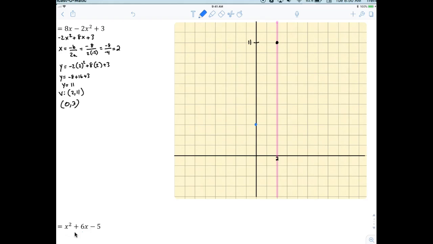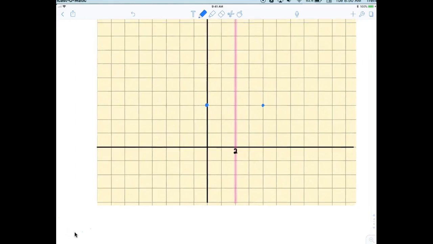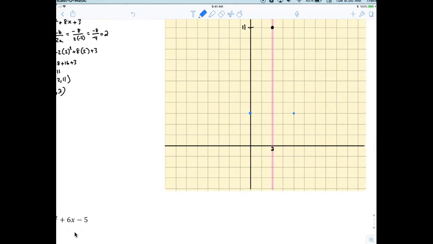And then find the next point, which is what? Across here. We're happy with that? And then we're graphing.